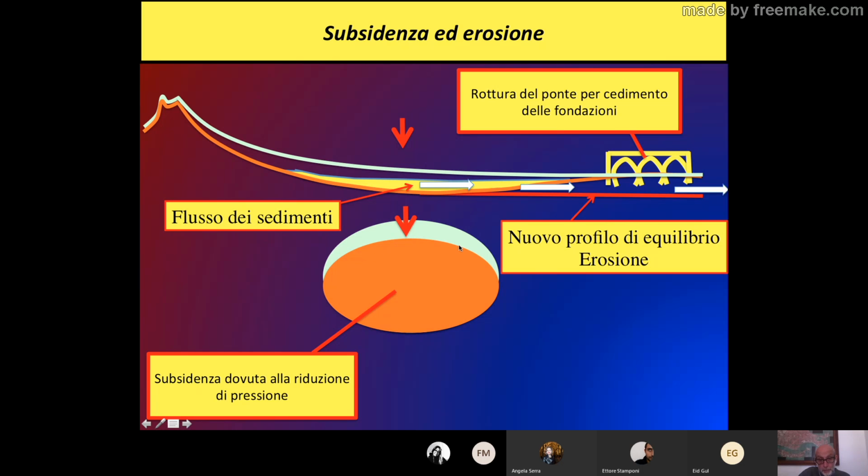Again, you get depressurization of the geothermal field, you get subsidence of the ground. Wherever the subsidence is, you get sedimentation. Wherever you are at the margin of subsidence, the rivers will start to erode.